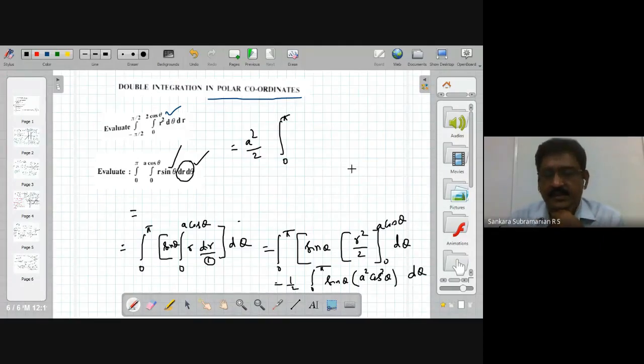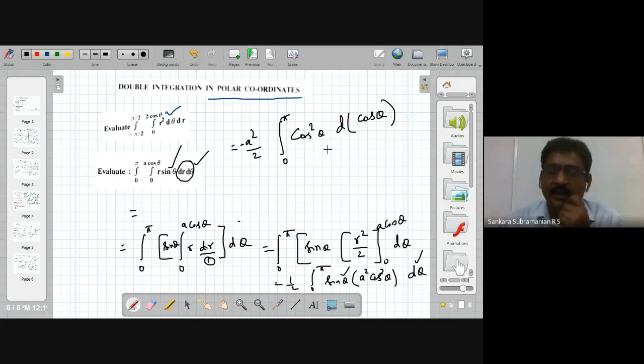Cos square theta is there, and differentiation of cos theta. What is differentiation of cos theta? Minus sin theta, but minus sin theta d theta. But this is plus sin theta d theta. So therefore I can put minus here.